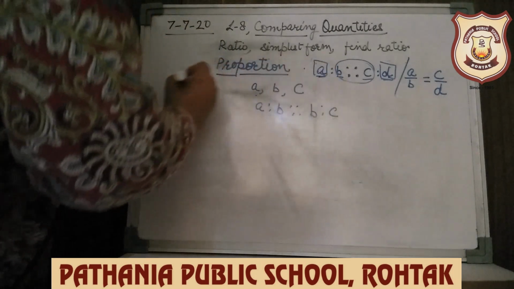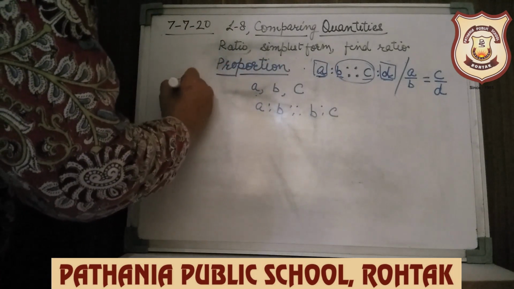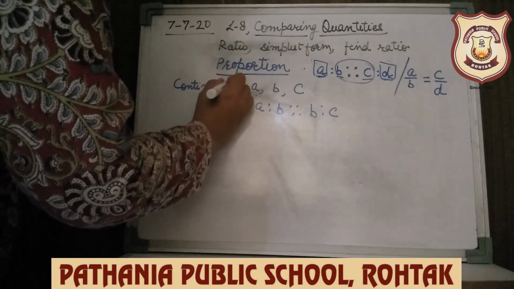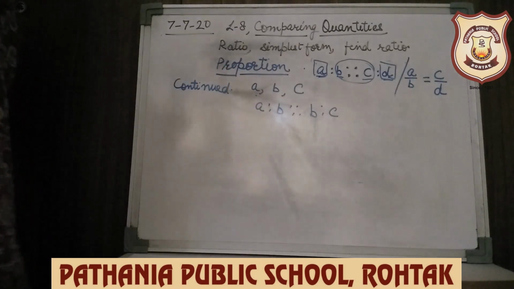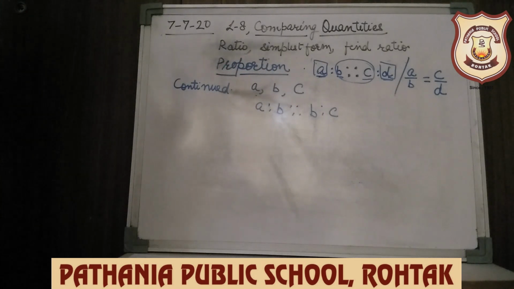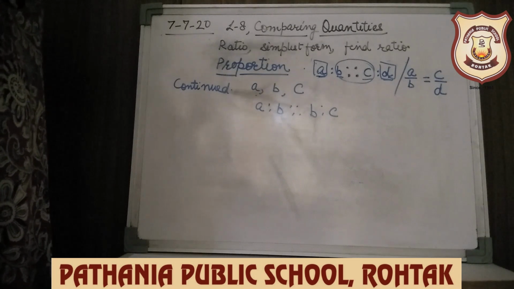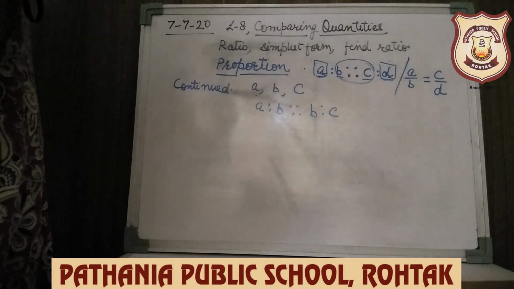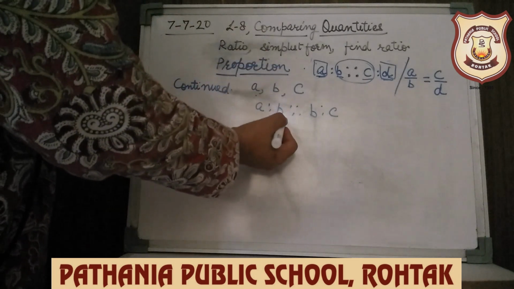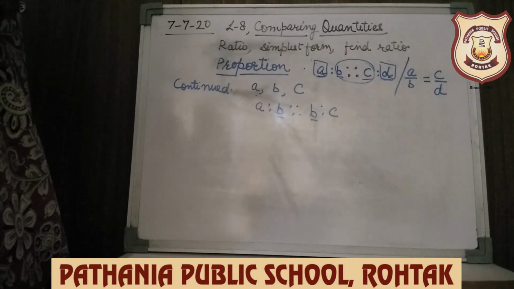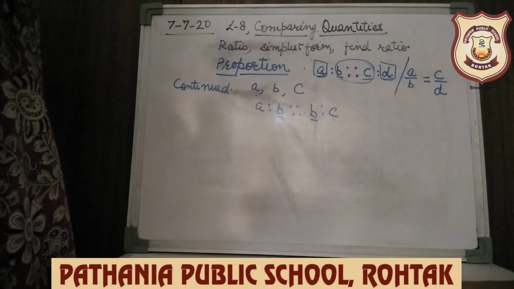When 3 terms are given and you have to find whether this is a continued proportion or not, how do you write it? In a proportion, how many terms do we need? We need 4. So you repeat B, the middle one, 2 times.